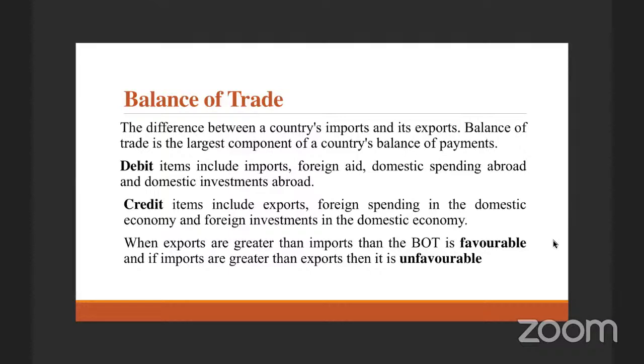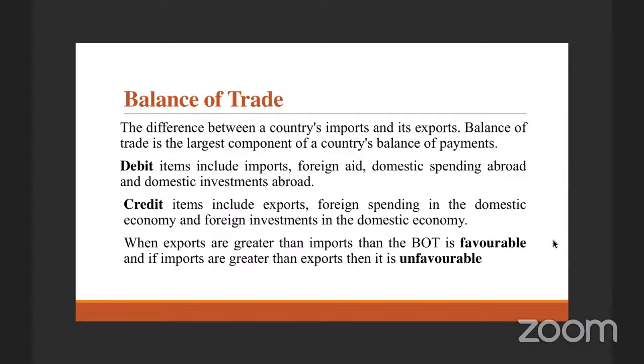It is a subset. The difference is that balance of trade deals with only exports and imports. It maintains the record of only exports and imports of goods in trade and services.